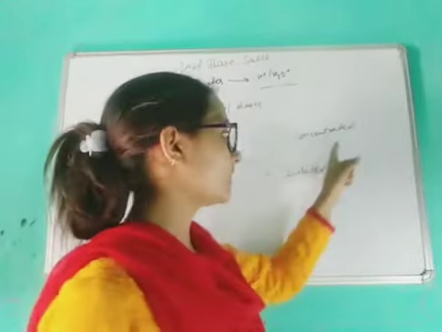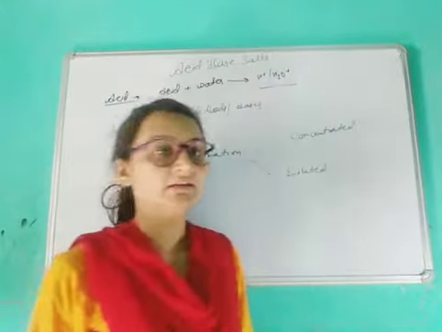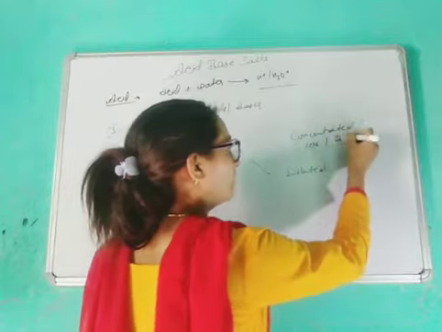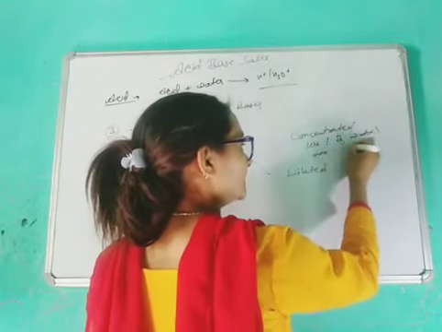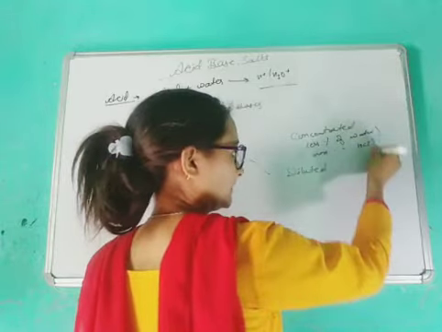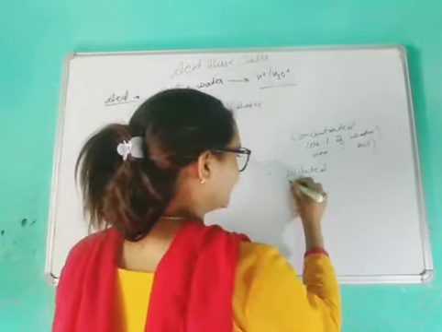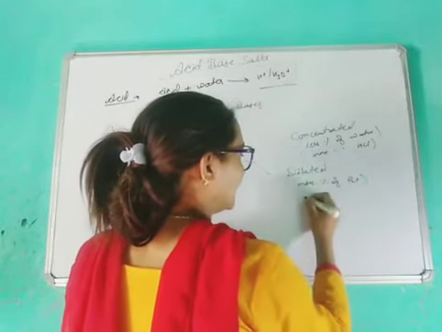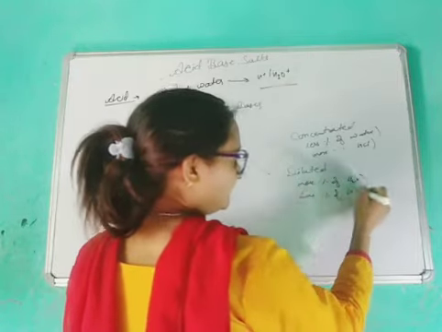In concentrated acid, there will be less percentage of water and more percentage of HCl. But in dilute, there will be more percent of water and less percent of HCl.